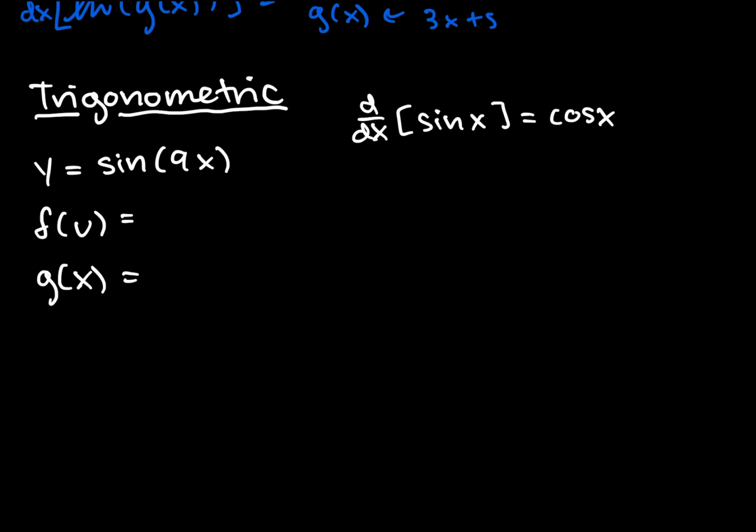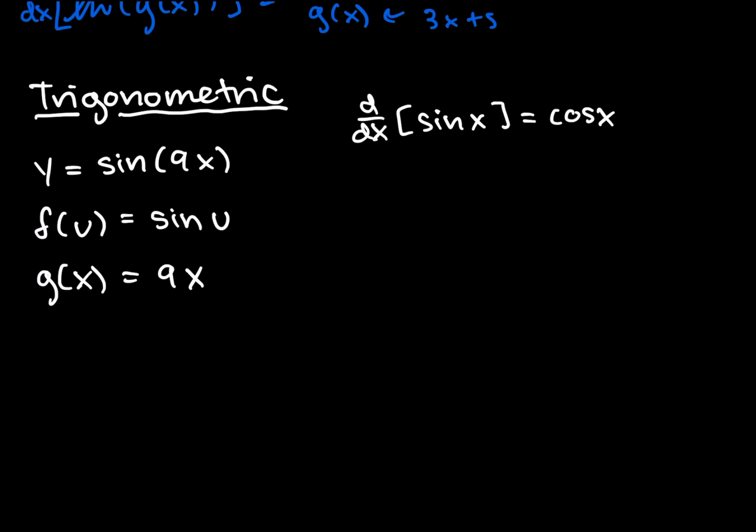So to define our outside, we see that this is using sine of x, which in our case is sine of u. And the g of x is this 9x on the inside. Remember to include the x when writing the g of x, even though this is a sine function.